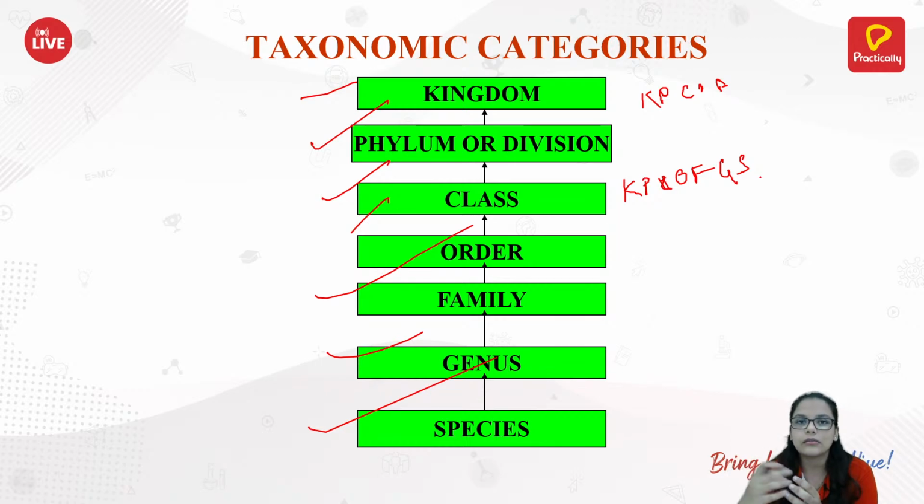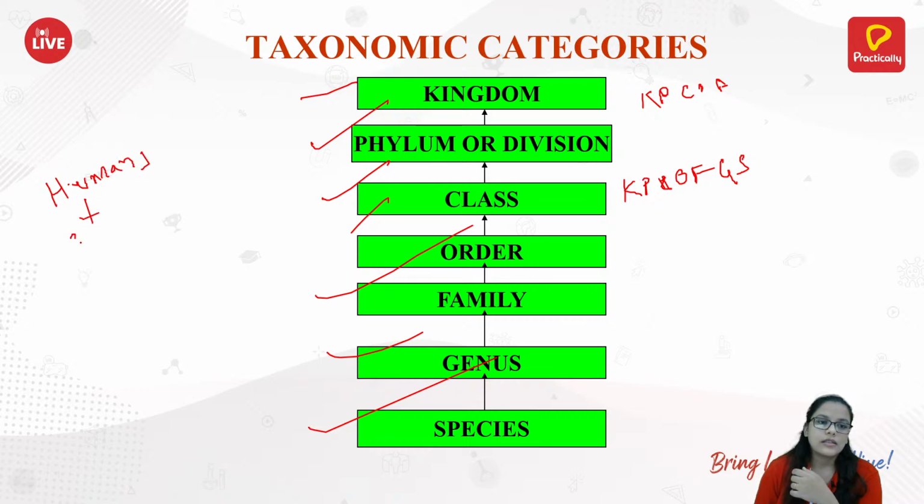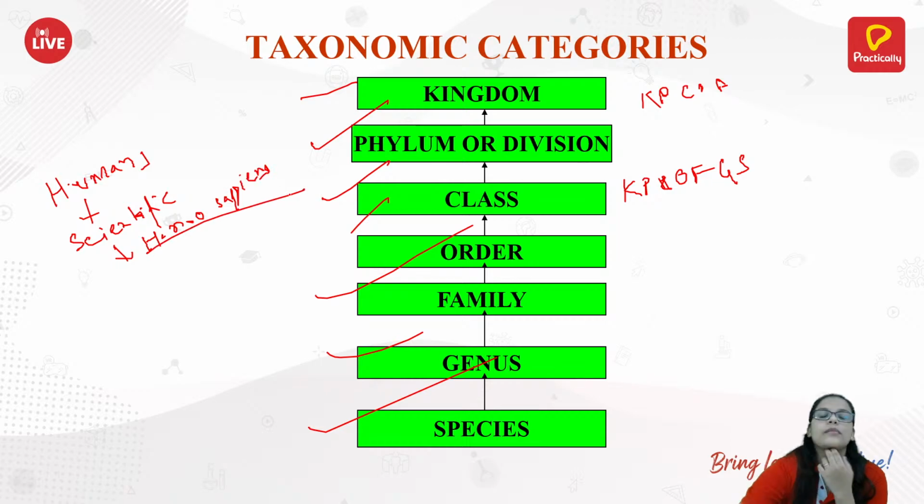We are humans. Now humans in scientific name are also called Homo sapiens. So that name Homo sapiens is our nomenclature. That is the name given to humans.